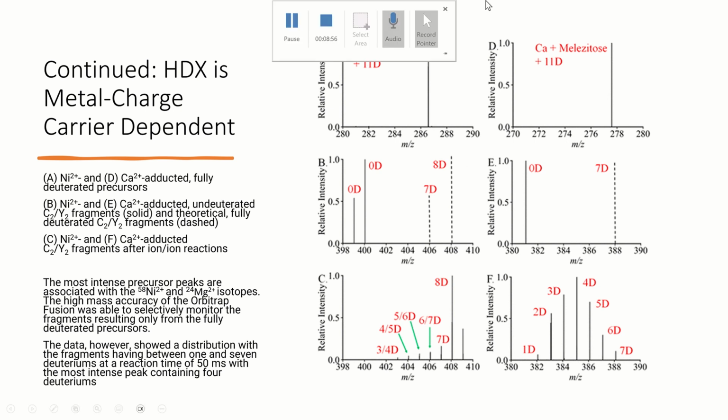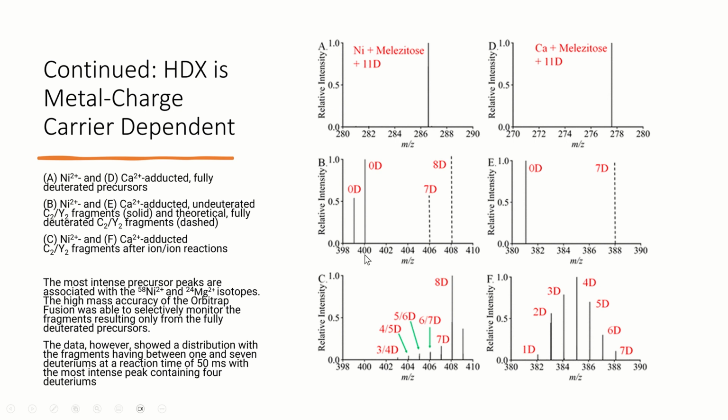And so what we can gather from this is that the most intense precursor peaks are associated with the nickel 58 and 24 magnesium isotopes that are fragmented off in this mass spec. The high mass accuracy of the Orbitrap Fusion was able to selectively monitor the fragments resulting only from the fully deuterated precursors. So that was greatly important.